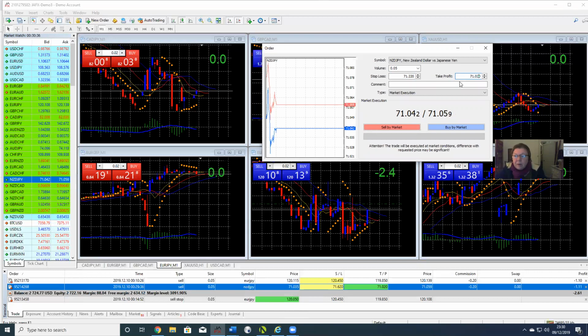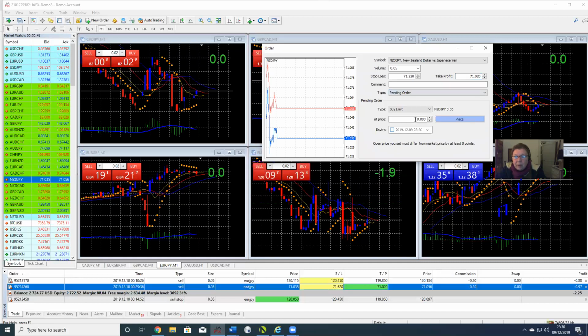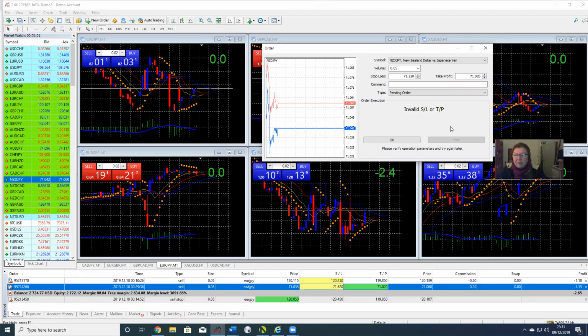We're going to have it as a pending order, and we're going to have it as a sell stop at the price of 71.22. I think that's right. Yeah, let's see, and then place.